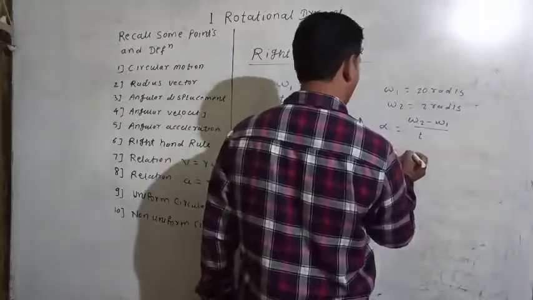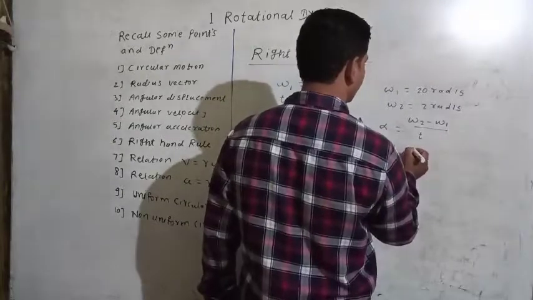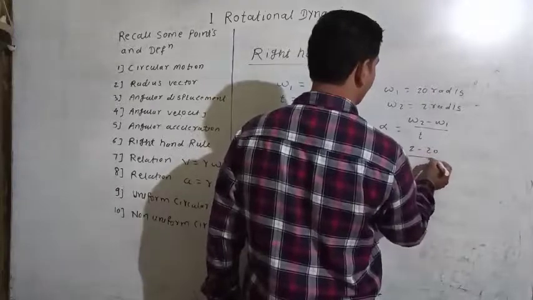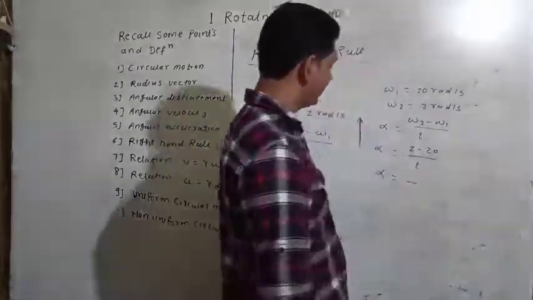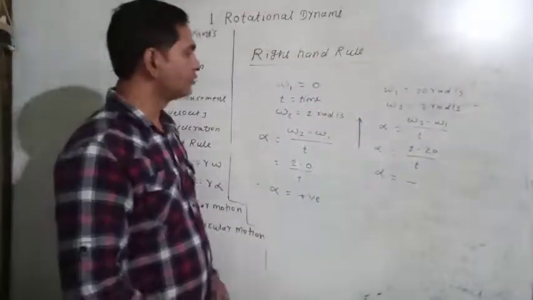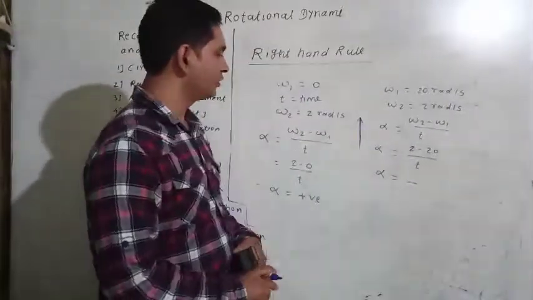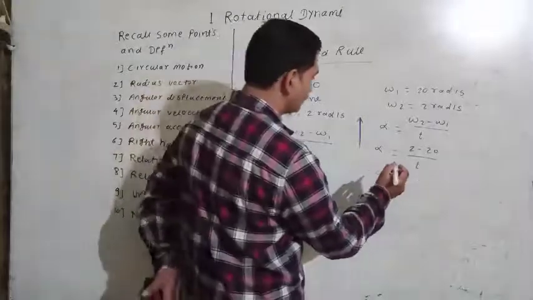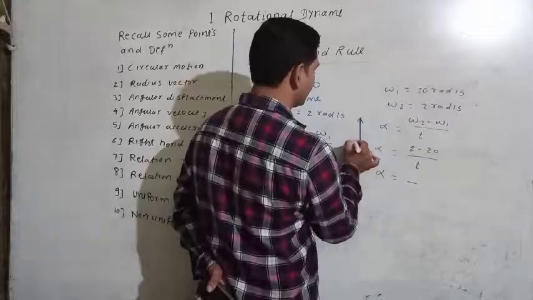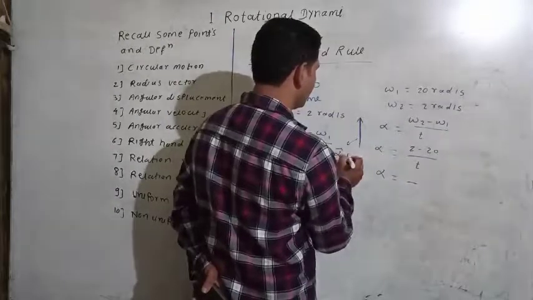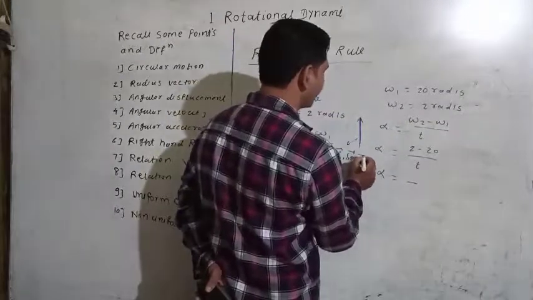So we get 2 minus 20 divided by t. Therefore alpha is negative. So if alpha is negative, then the direction, again, here the direction is upward, so here we get alpha, del theta and omega.